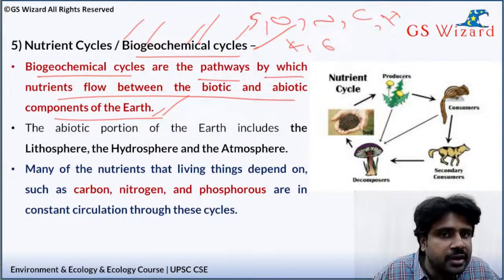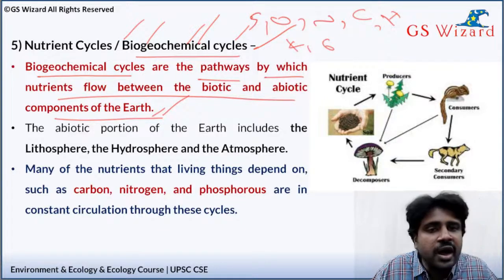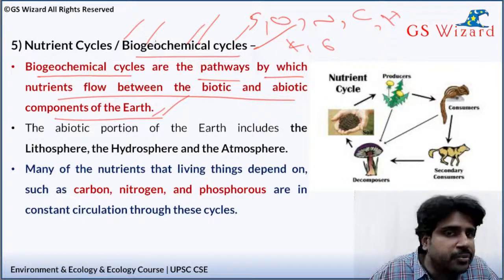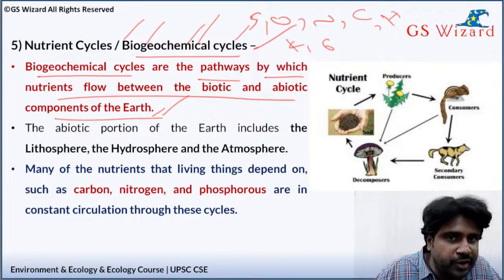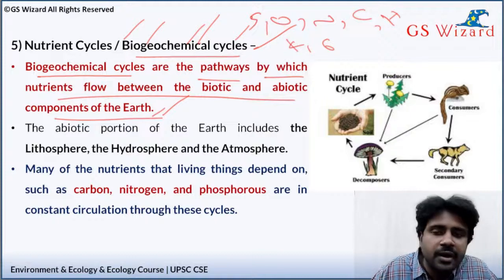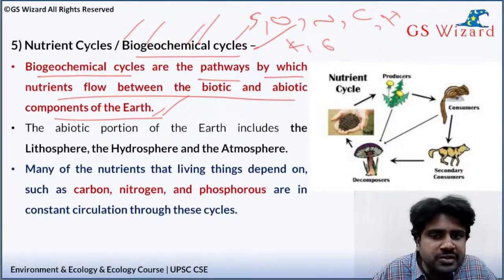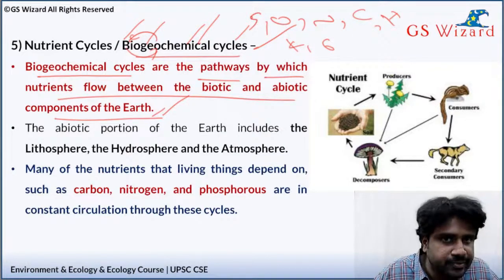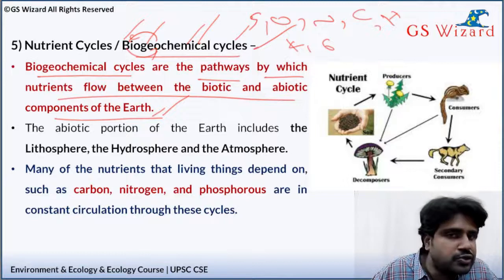When we die, our bodies will be decomposed and then the nutrients will go back to the earth. And again from the earth, nutrients will go back to living organisms. So it is a cycle. There is continuous flow of nutrients from earth to living organisms and again from living organisms back to the earth. That is the meaning of biogeochemical cycles.